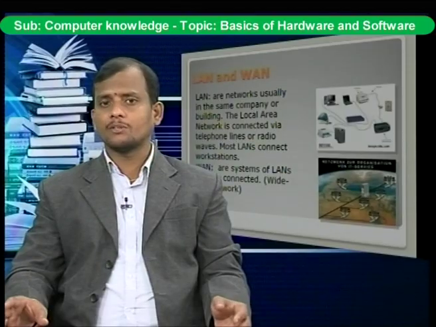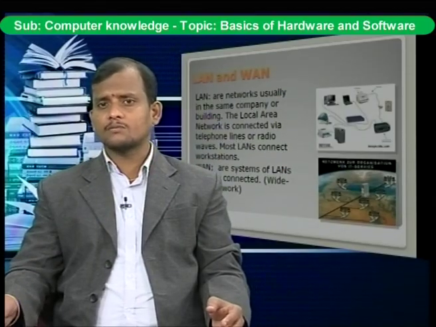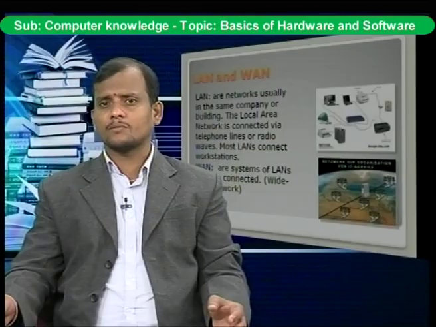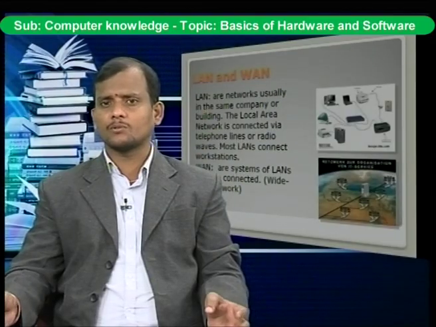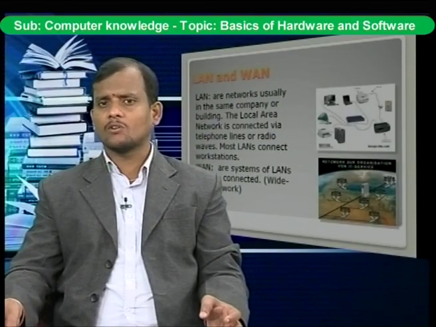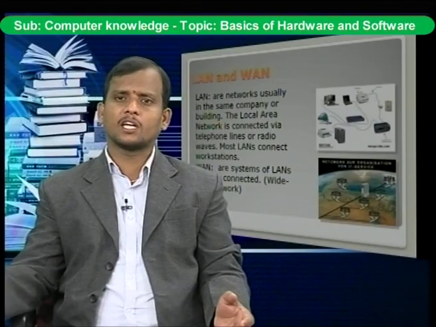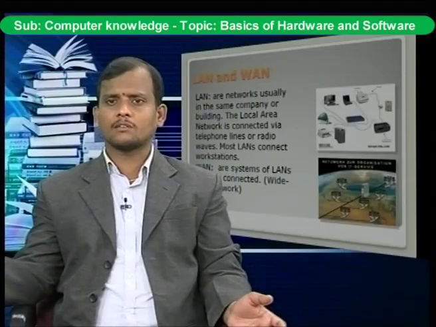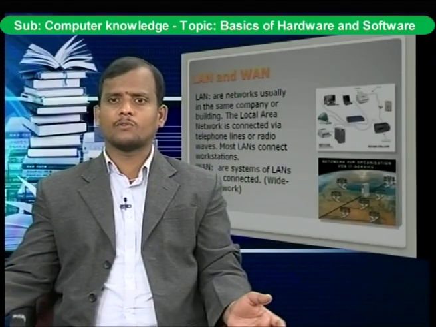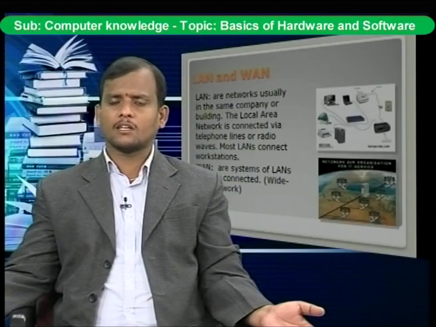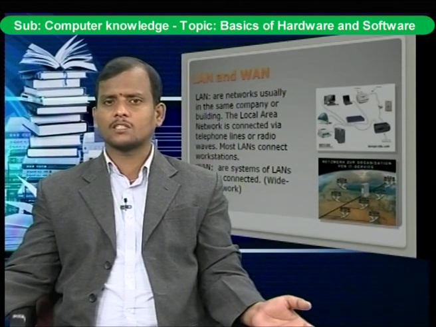If there are 4 LANs and you connect those 4 LANs, then it's called a WAN. So the scope is huge now, from one area to another area. You can connect the devices in one area to another area. That is called a WAN.